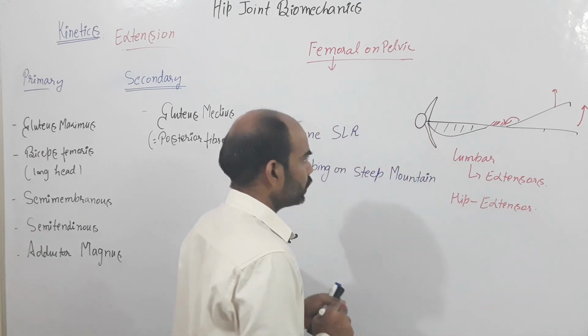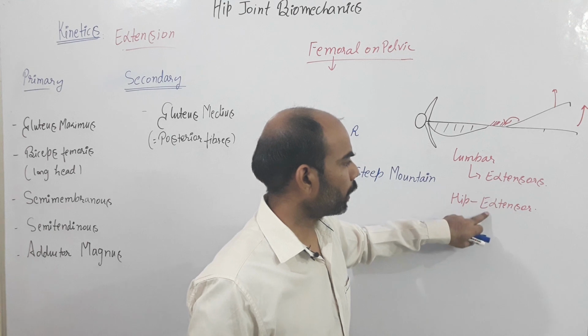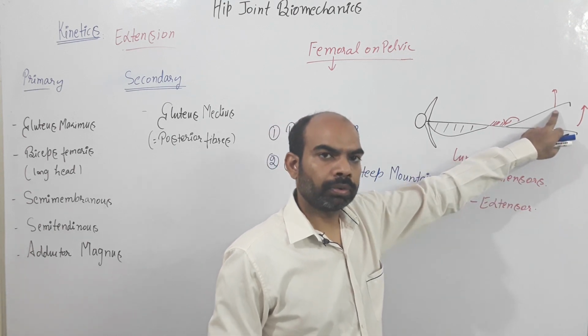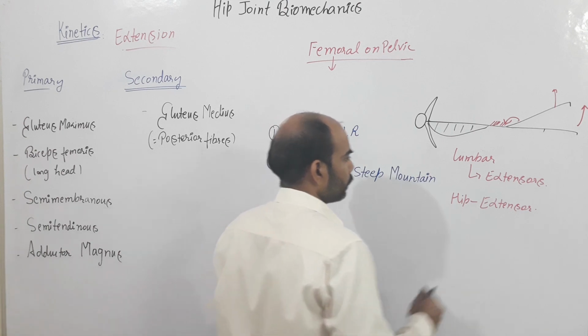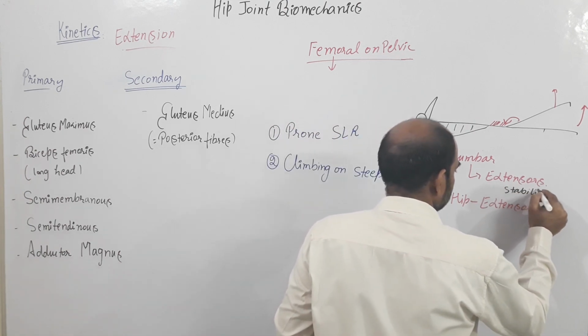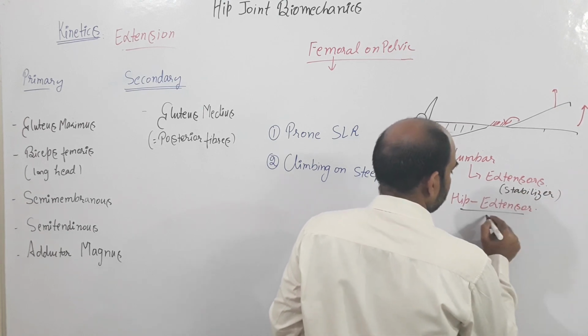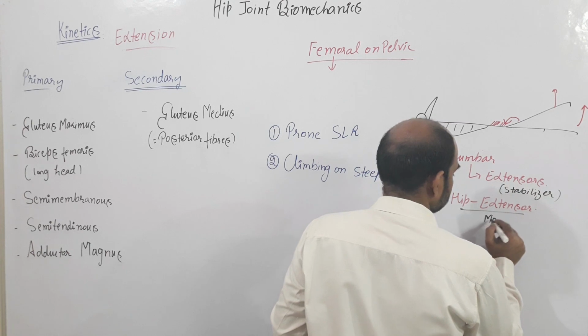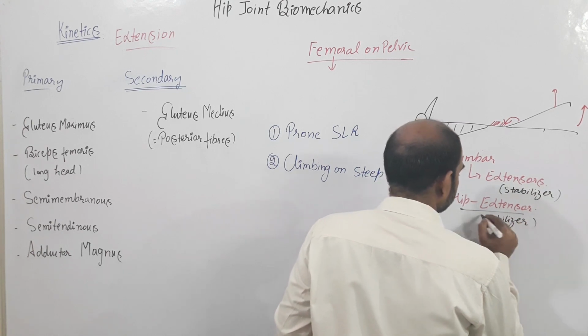The lumbar extensors stabilize the lumbar spine and pelvis, and the hip extensors lift the leg. So the lumbar extensors work as a stabilizer, and the hip extensors work as a mobilizer or mover.